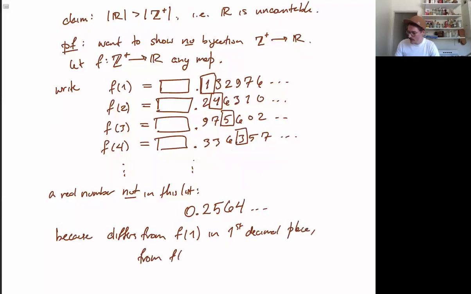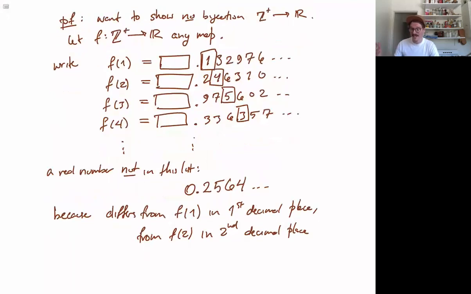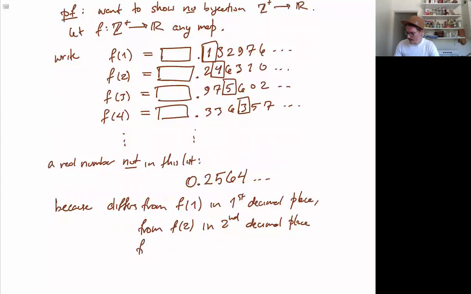It's not f of 2, because it differs from f of 2 in the second decimal place. It's not f of 3, because it differs from f of 3 in the third decimal place. And so on.